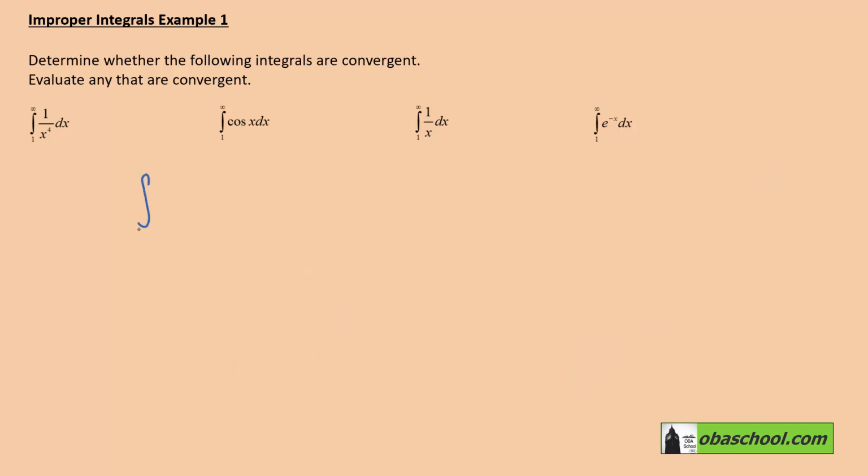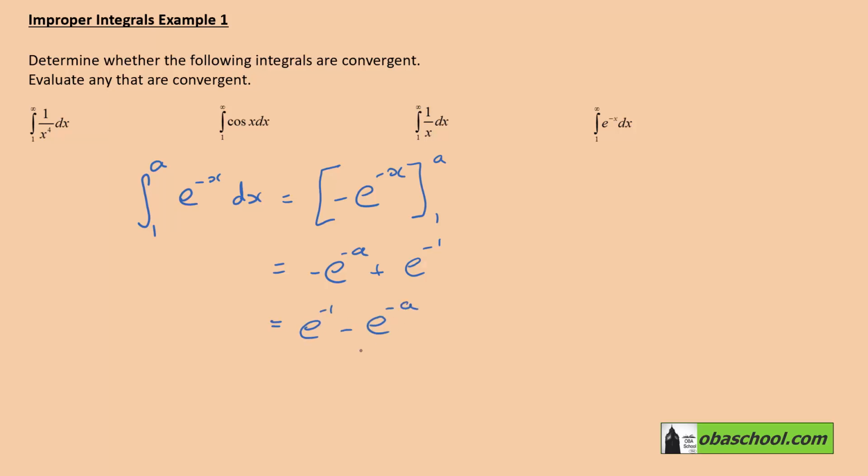And finally, we have the integral from 1 to infinity of e to the negative x dx, and of course we'll put an a there to start with, and that's going to be negative e to the negative x from 1 to a, which is negative e to the negative a plus e to the negative 1, which we could write as e to the negative 1 take away e to the negative a.